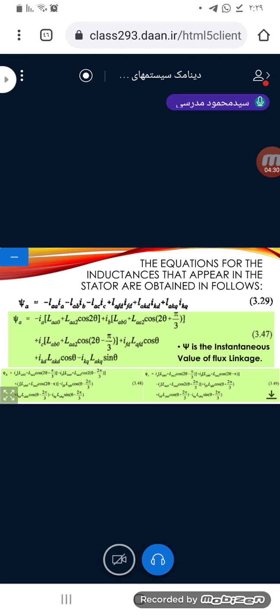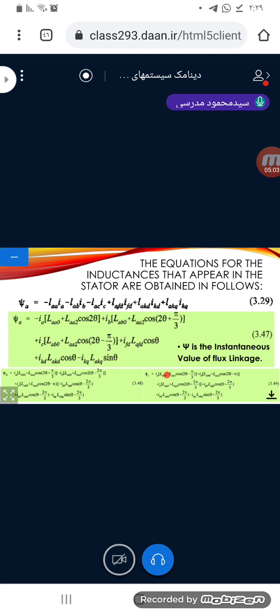We told you in the previous session about inductance and mutual inductance for the stator and rotor in the synchronous machine.